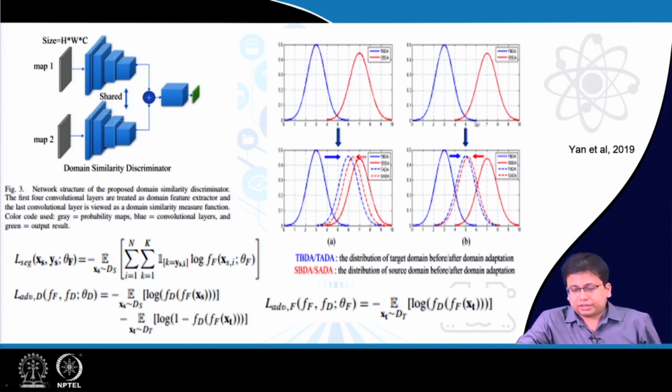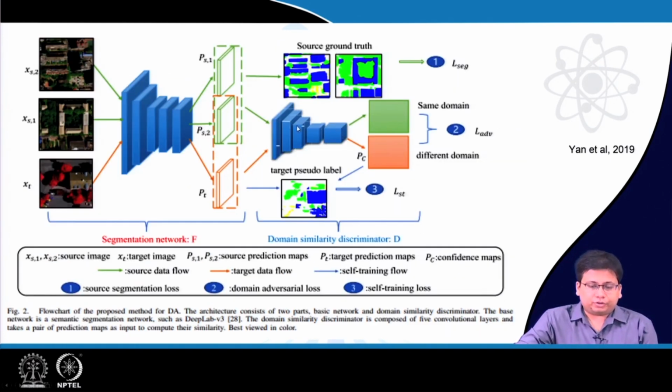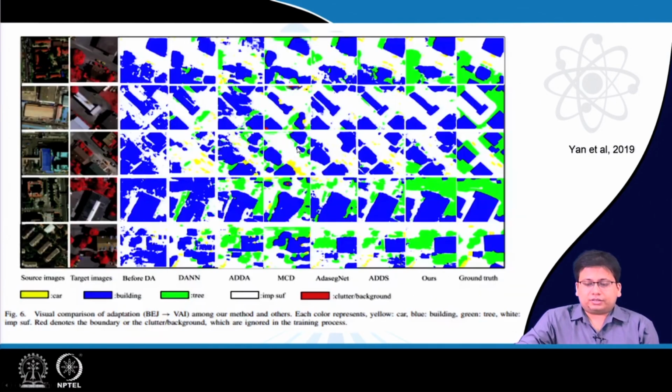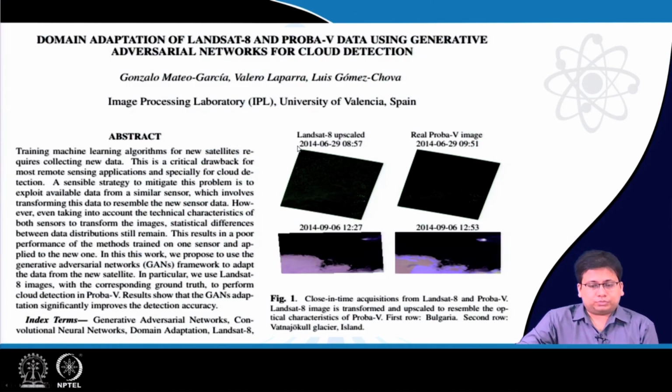But in this case, both the source and the target are being translated to some kind of a common distribution. This is what is attempted to be achieved by this approach, unlike some of the earlier approaches like Coral.